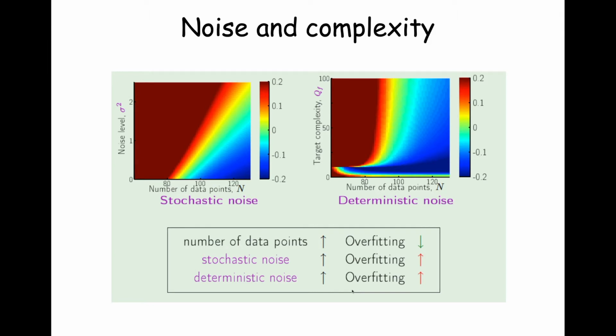In both cases, we varied the noise level of a fixed complexity polynomial target function, and we varied the complexity of a fixed noise target function polynomial, and we saw that the overfitting behavior looked identical or very similar.